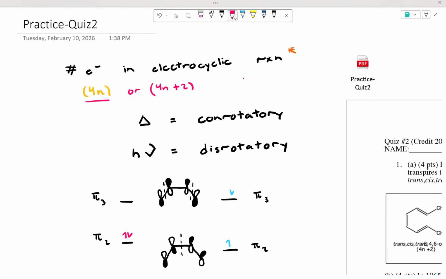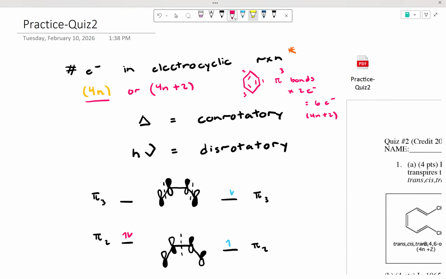So let's say I have a benzene. Benzene has one, two, three pi bonds, and in each pi bond there are two electrons, so that's 6 electrons total. So this would fall under our 4n plus 2 categorization.